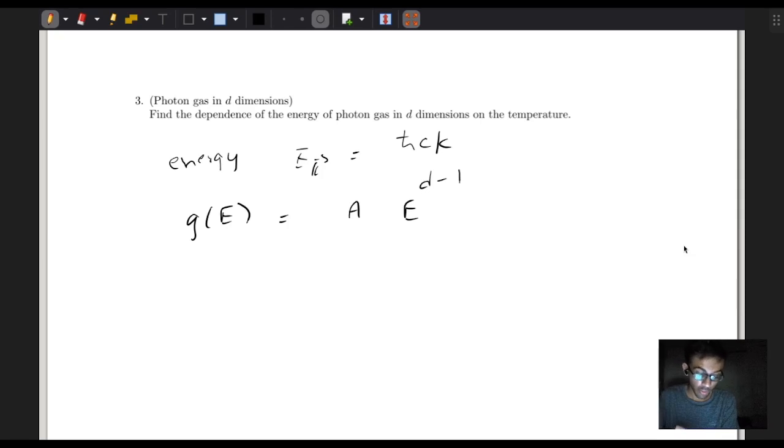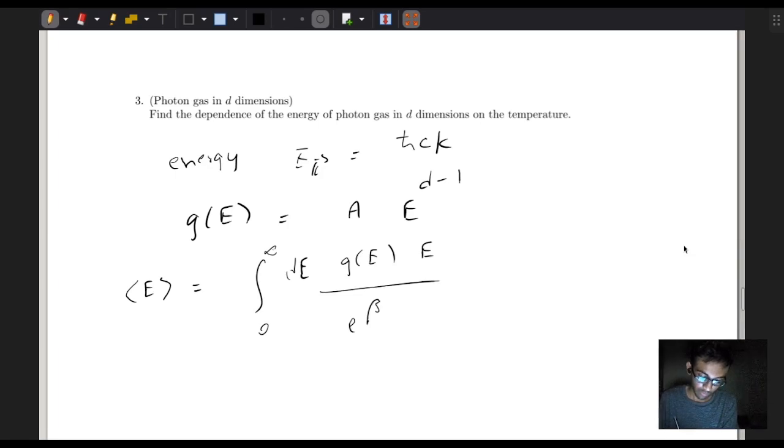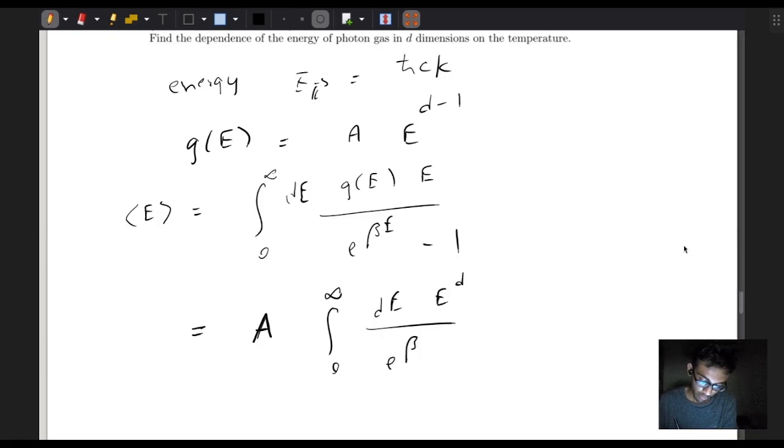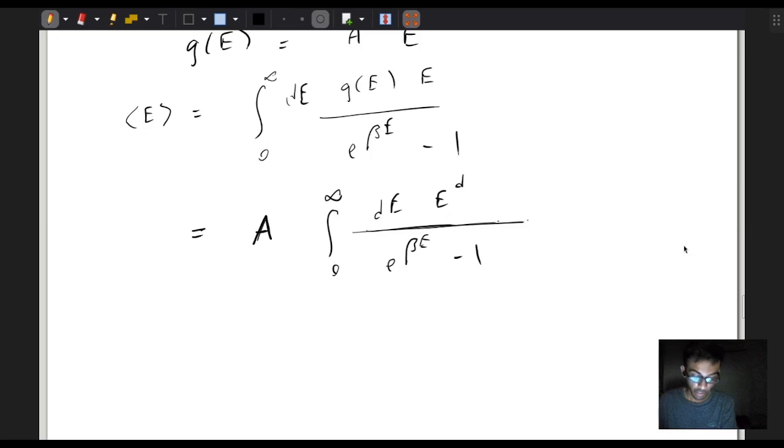So this is how the density of states looks, and what we need is the average value of the total energy, so we can write this as, yeah. Now again the same old trick.